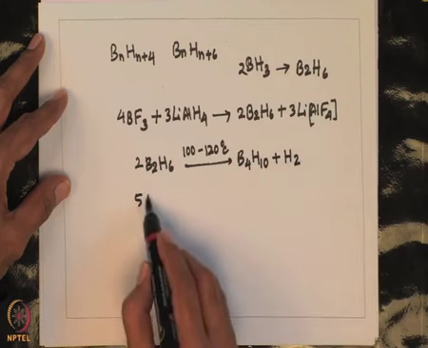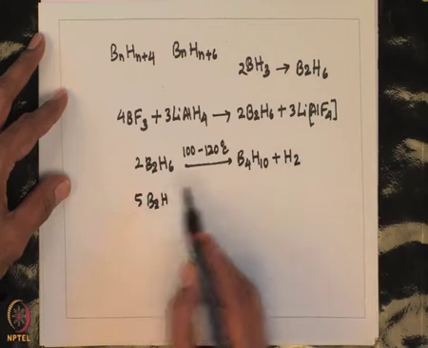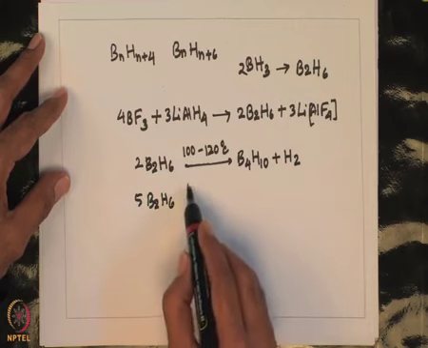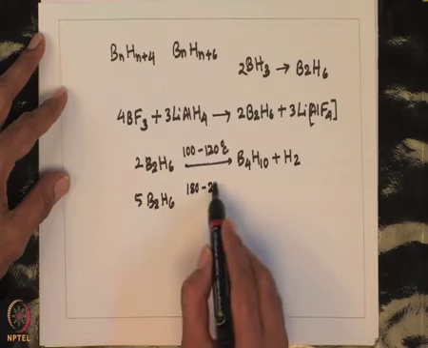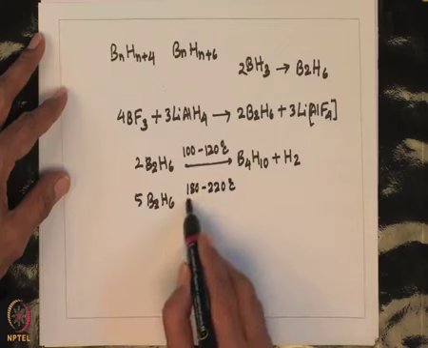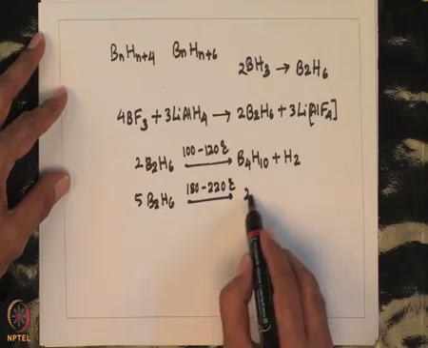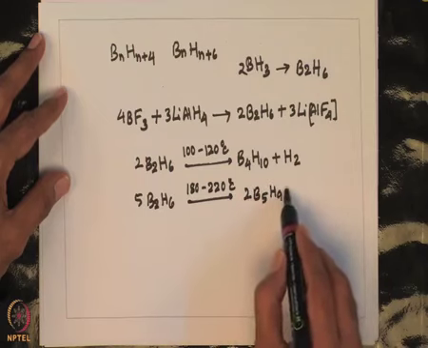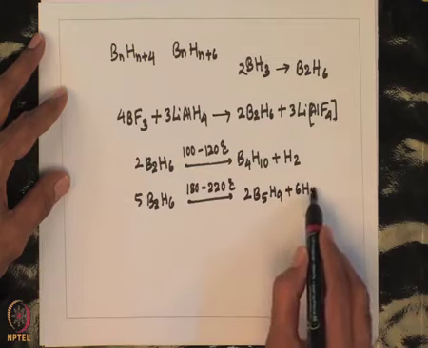Similarly, when diborane is heated to about 180 to 220 degree centigrade, it forms B5H9 plus 6 H2. One can see here the diborane structure, and it is very easy to understand the 3 centered 2 electron or electron deficient bonds.